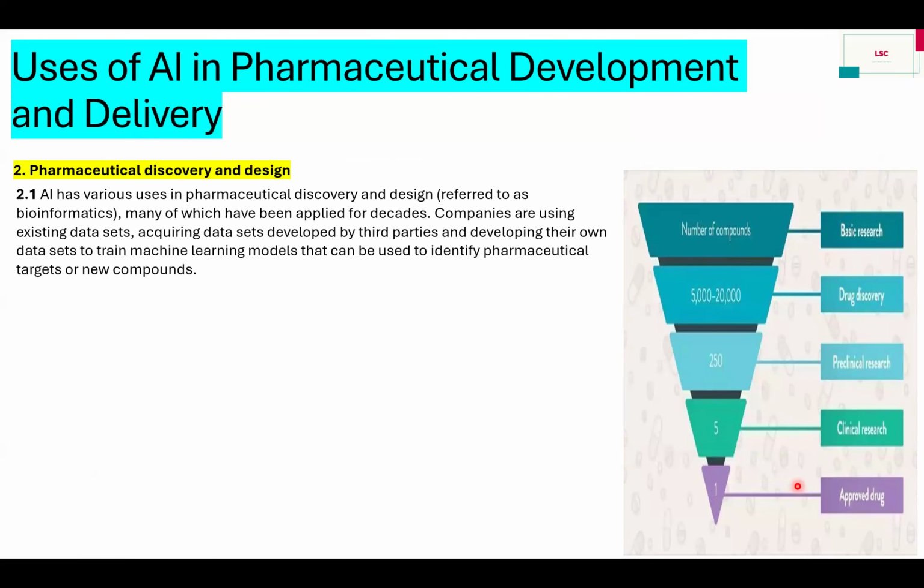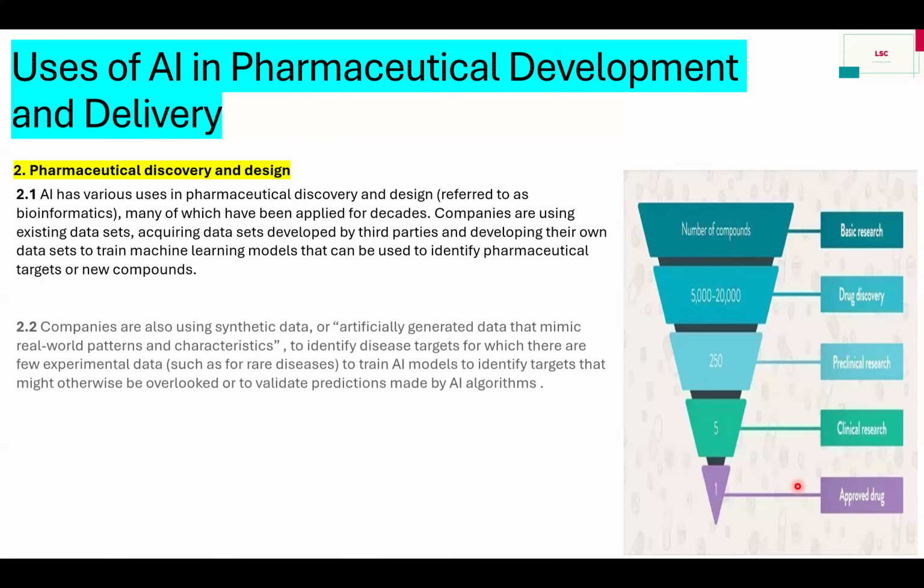Pharmaceutical discovery and design. AI has various uses in pharmaceutical discovery and design, many of which have been applied for decades. Companies are using existing data sets, acquiring data sets developed by third parties, and developing their own data sets to train machine learning models that can be used to identify pharmaceutical targets of new compounds.